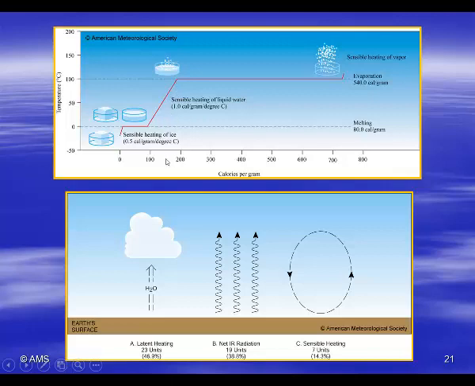Roughly, this is 200, this is close to 800, so it took about 600 calories per gram. So the melting takes about 80 calories per gram, where the evaporation took about 540 calories per gram, if we do a little more exact of a measurement.